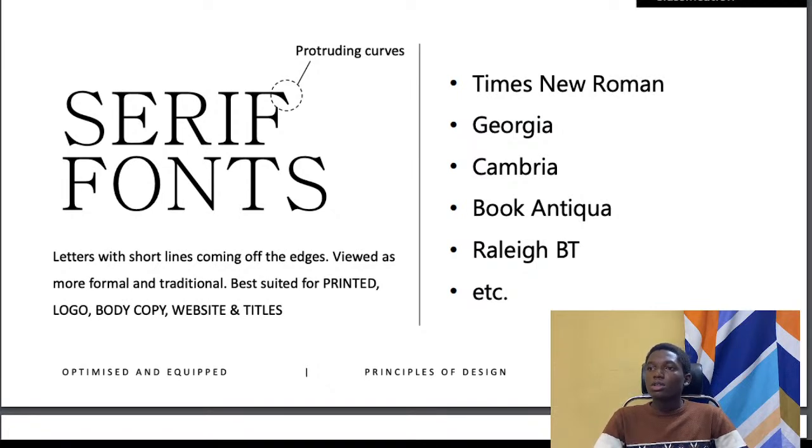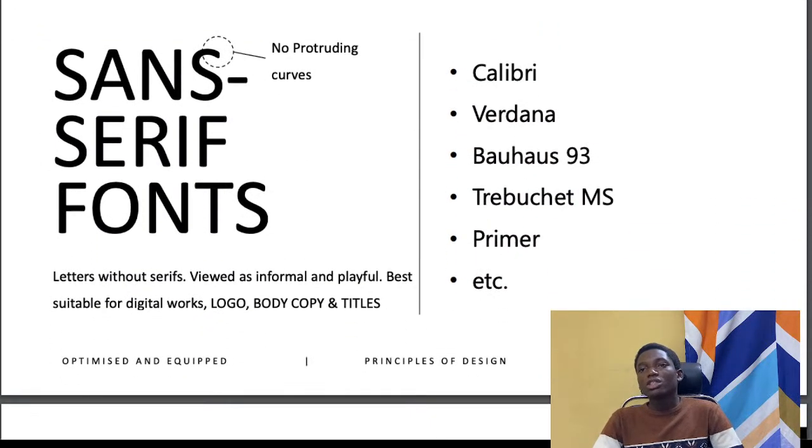We have Times Roman, Georgia, Cambria, and other types of fonts as serif fonts. So next time you hear the word serif, you need to understand that they are fonts with protruding curves. And let us also check the other classifications of fonts so as to know their terminologies.